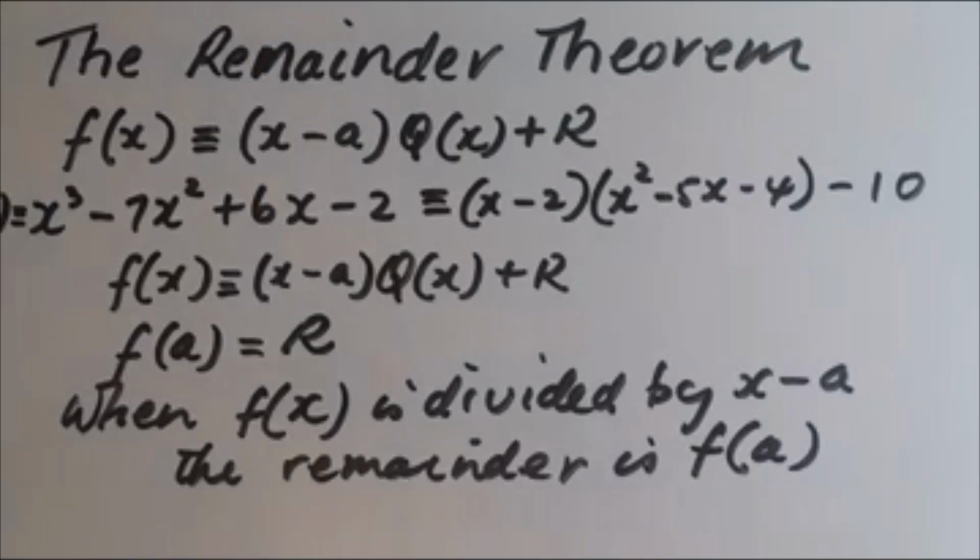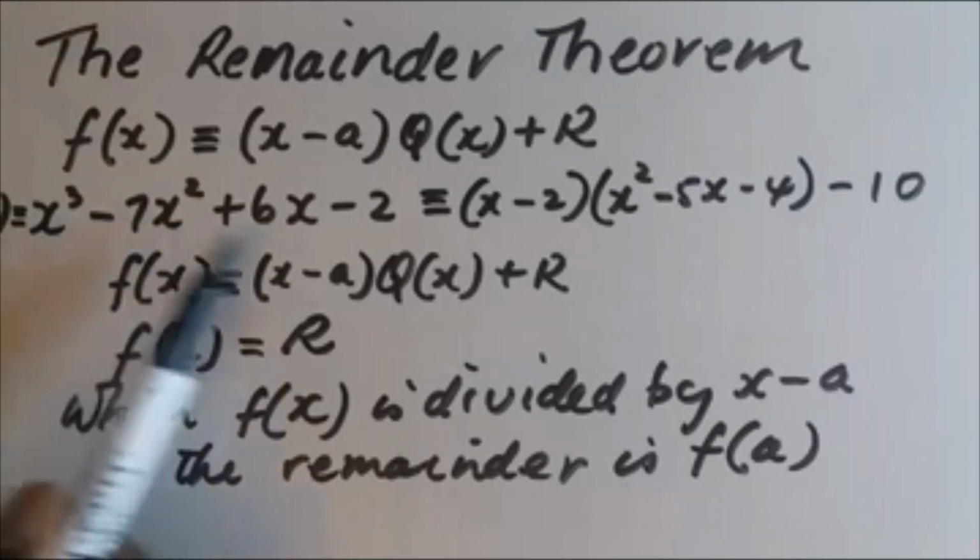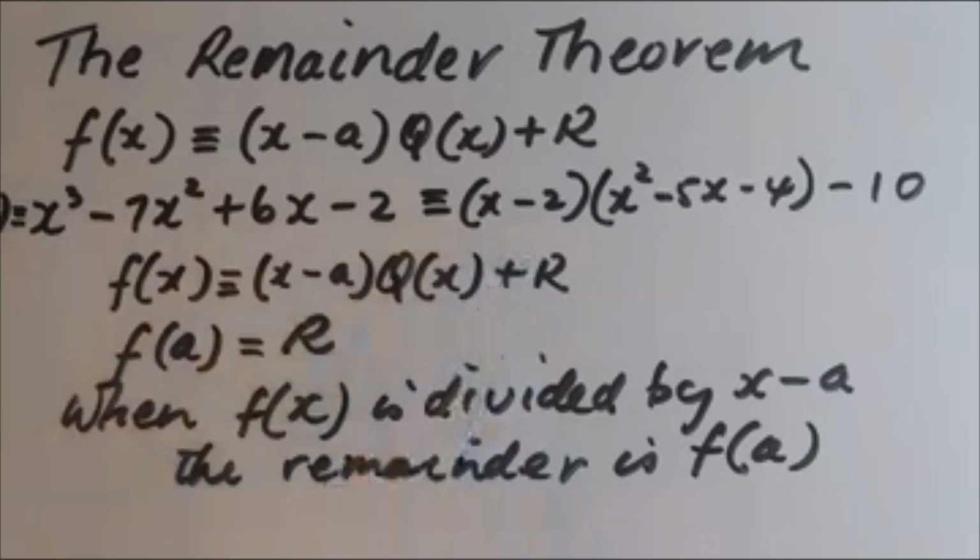So just to recap, I've stated algebraically what f of x is equivalent to, which is x minus a, its divisor, times its quotient, add the remainder. And we've expressed that in terms of the function polynomial and the linear function that we used.